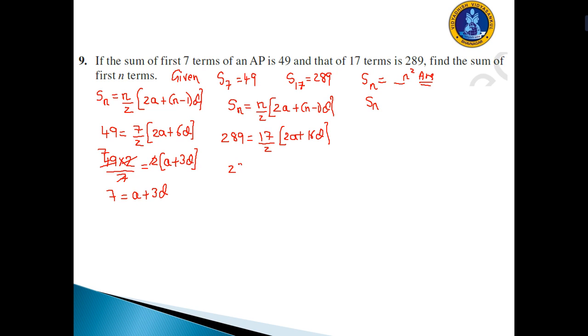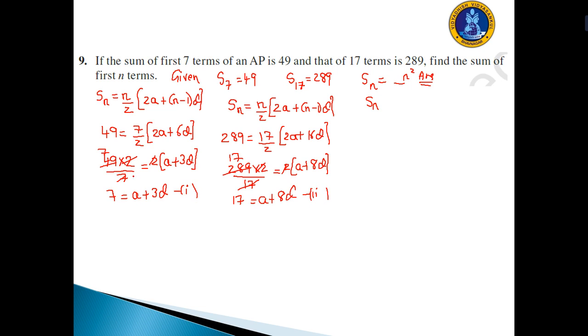So 289 into 2 divided by 17 is equal to, again making 2 common, a plus 8d. So these 17s and 2 cancel. So 17 is equal to a plus 8d. That is equation number 2.